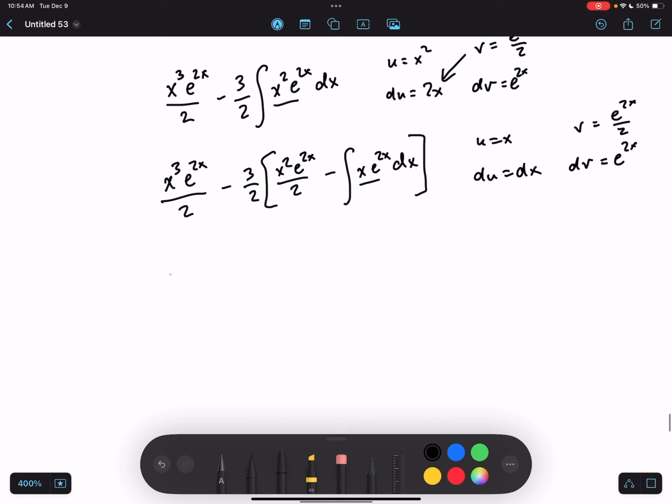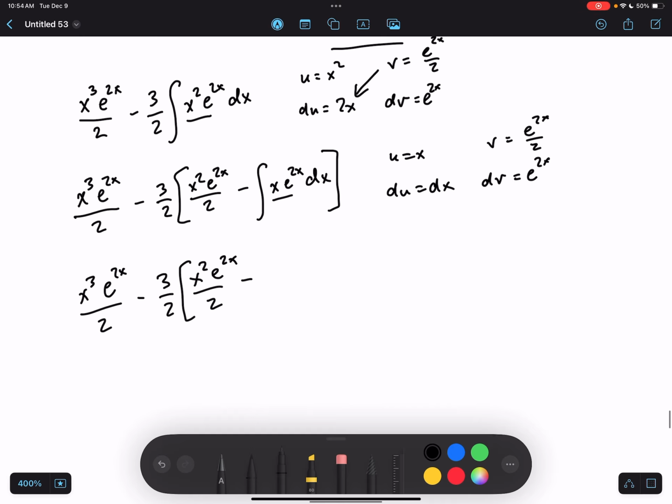So now we'll go ahead and do all of this once more. x cubed e to the 2x over 2 minus 3/2 times x squared e to the 2x over 2 minus, and now we've got this one, so we'll go across and down, and we'll pop these in brackets, so we'll say minus, and I'll rewrite that in the same format as earlier, x e to the 2x over 2 minus the integral of 1/2 e to the 2x dx.